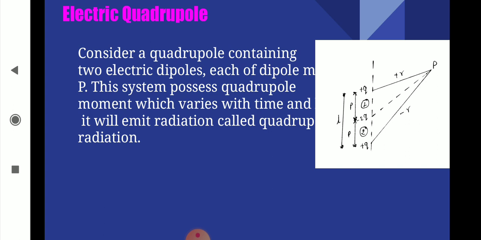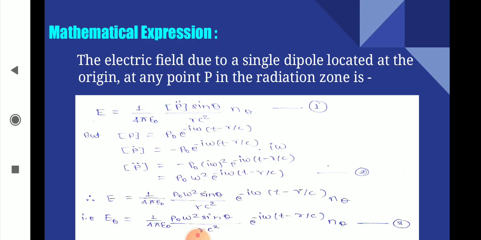The electric field due to a single dipole located at the origin at any point P in the radiation zone is E is equal to 1 upon 4 pi epsilon naught P double dot sin theta upon RC square into n theta.